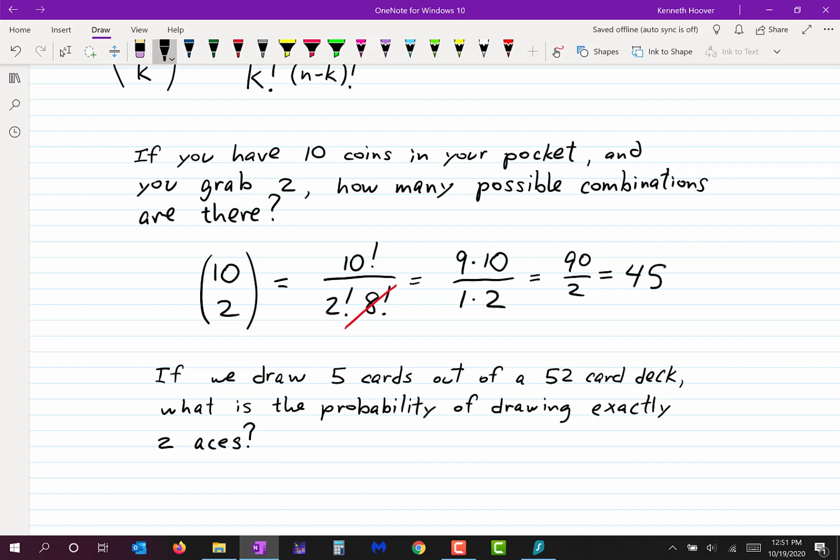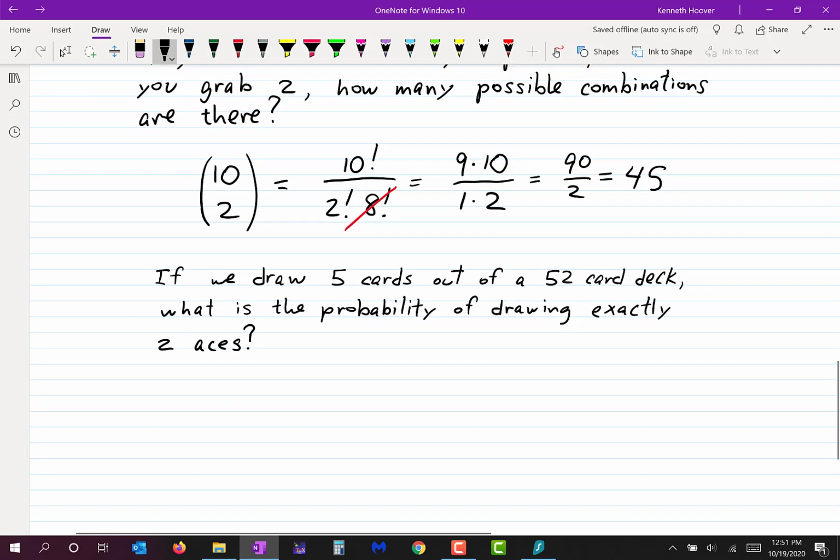Exactly 2. So 3 is not what I'm concerned about. If I'm playing poker, 3 or 4 aces is better than 2, but this question is asking for 2 and only 2 aces. Let's figure this out probability-wise. That means drawing 2 aces and 3 non-aces.